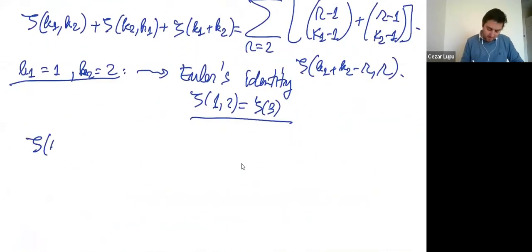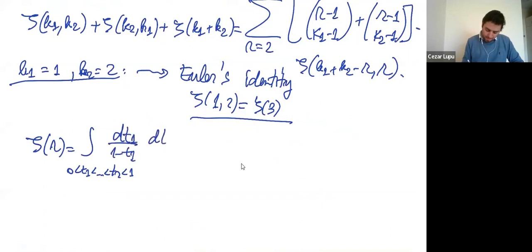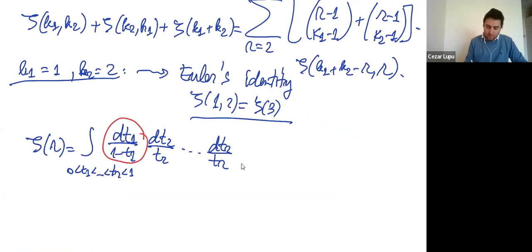So zeta of r is this, the iterated integral of dt1 over 1 minus t1 and so on, dtr over tr. The proof is pretty easy. We look at this one form here, the first one, especially.